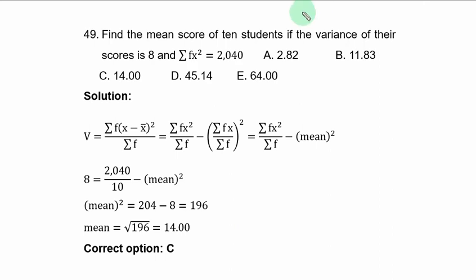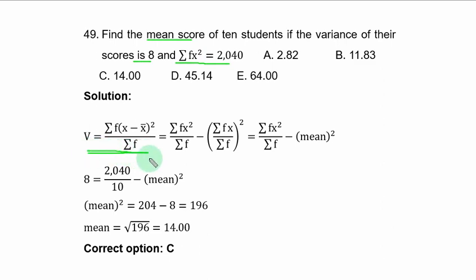Question 49. Find the mean score of 10 students if the variance of their scores is 18 and summation fx squared is equal to 2040. This is the variance formula.